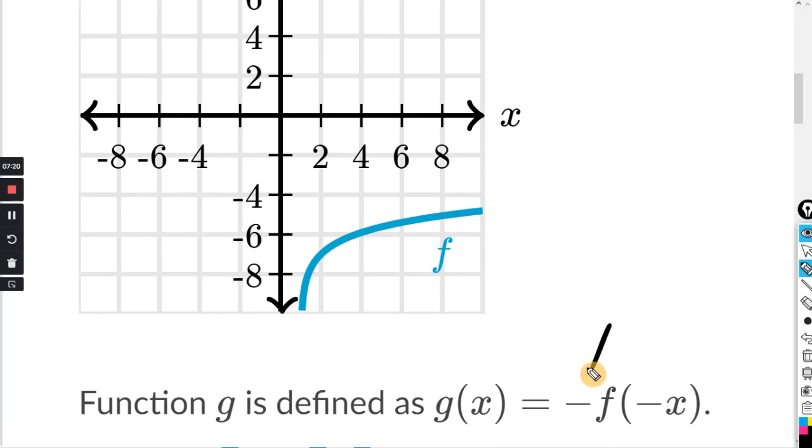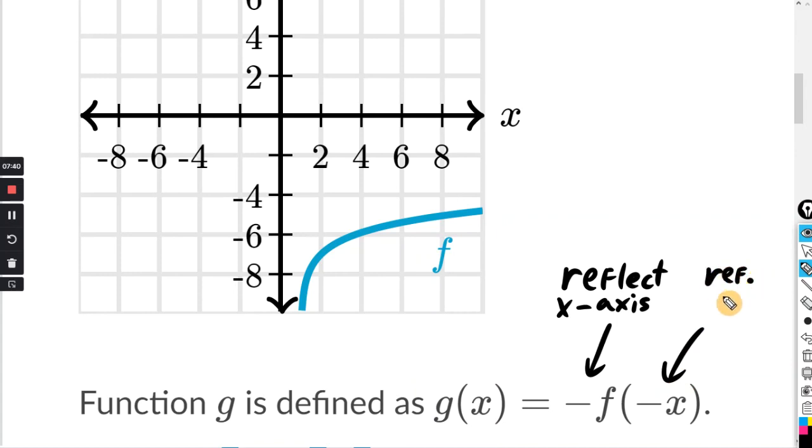Multiply all the y values by negative 1; that will reflect over the x-axis. And multiply all the x values by negative 1; that will reflect it over the y-axis. So there's actually two reflections here, and you can just do one at a time. I don't think the order matters.